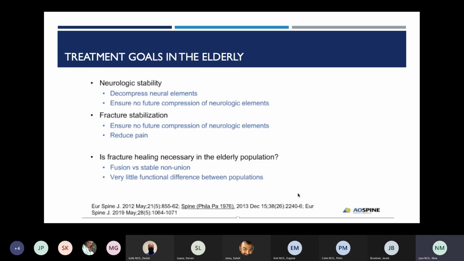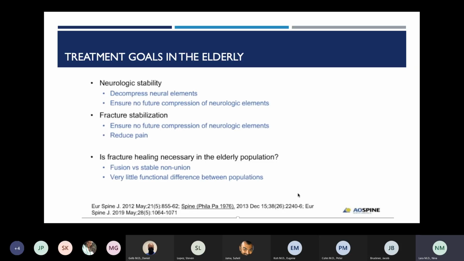So, sorry. Treatment goals in the elderly. You want to maintain their stability. You want to decompress neural elements, ensure no fracture compression. You want to stabilize the fracture, ensure no future compression, and then reduce their pain. And then, is fracture healing necessary in the elderly population?